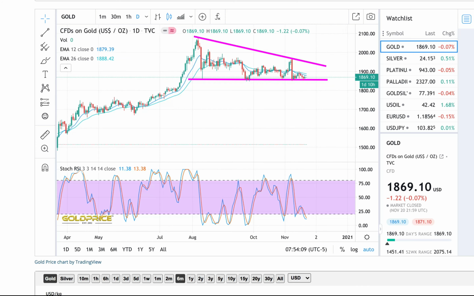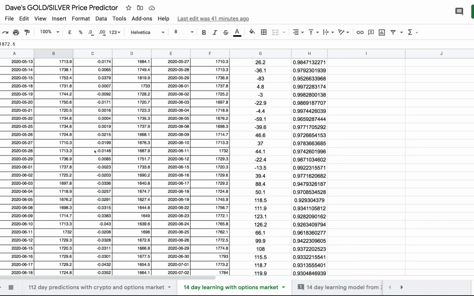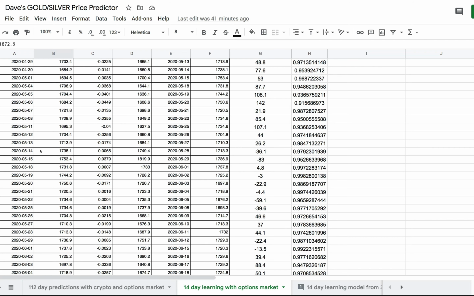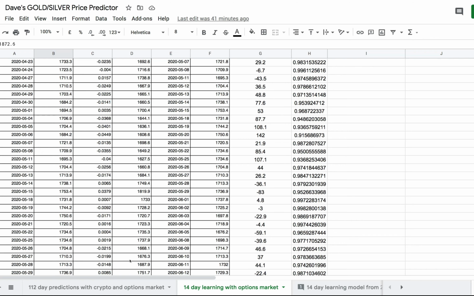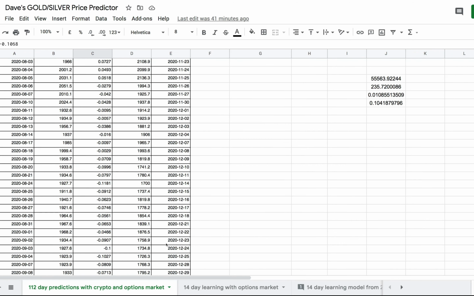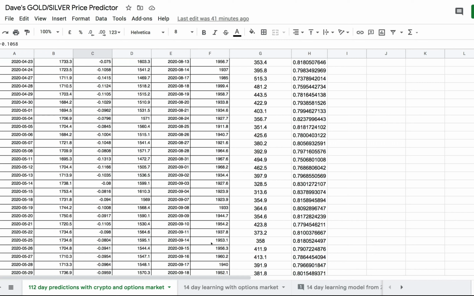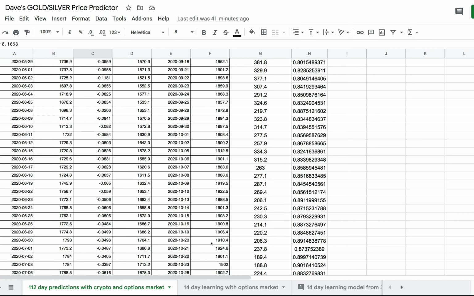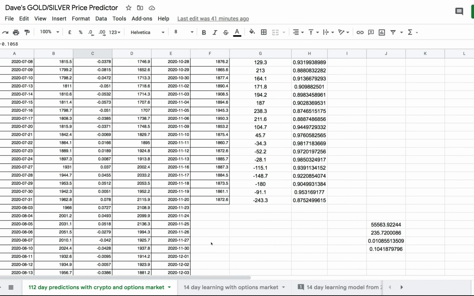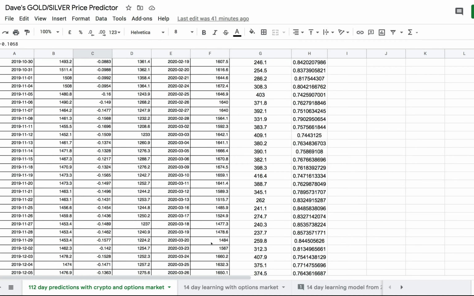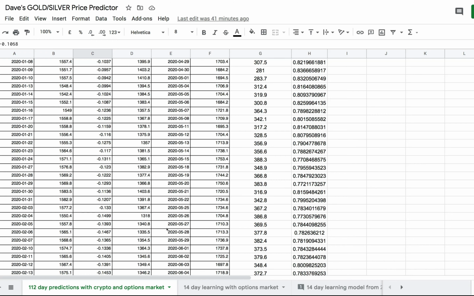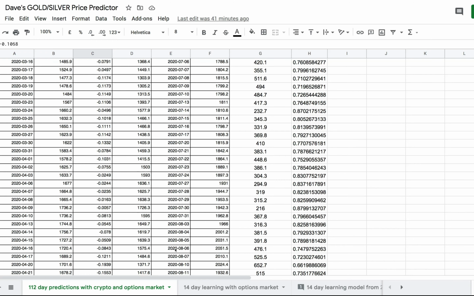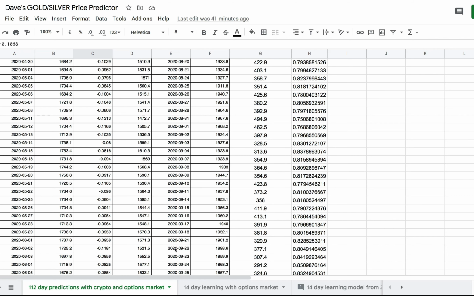Now, I do think that, if you go back to this year, I have the historical prices. If we make the 4-month prediction and go back to when it predicted gold near 2000, yes, here we are.